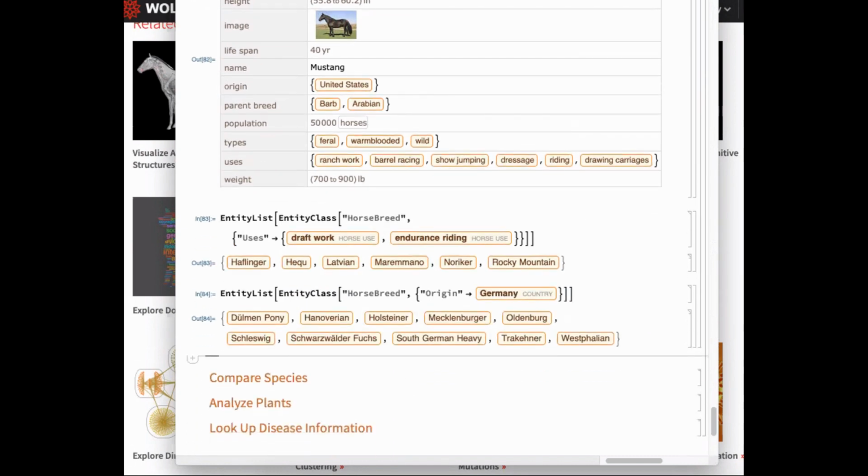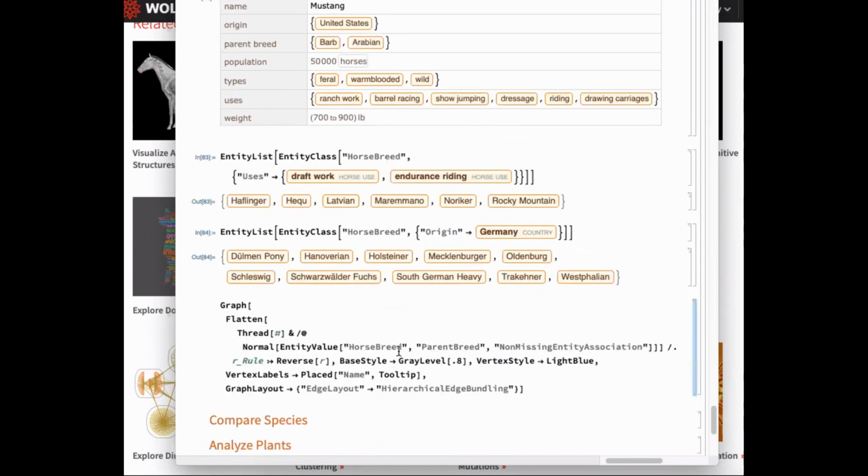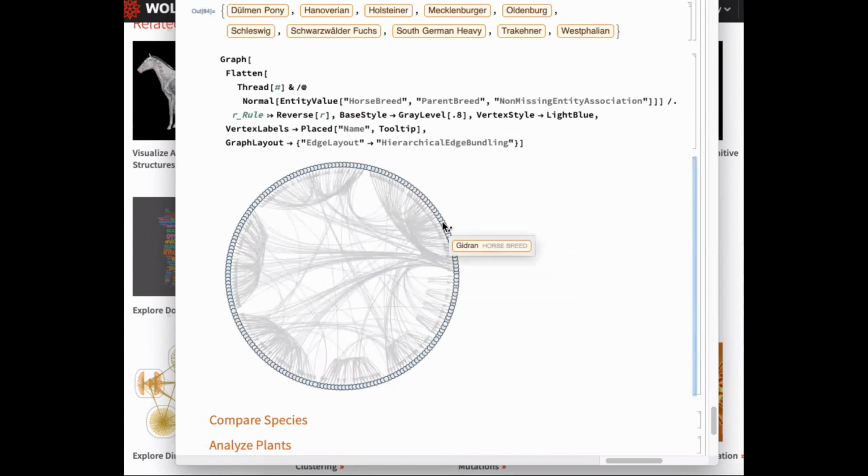And another cool thing you can do is analyze and visualize the relations of horse breeds based on their ancestry information and how they likely developed historically. So you see the relations of horses here.